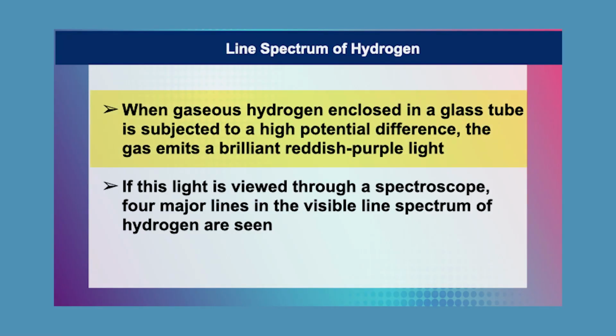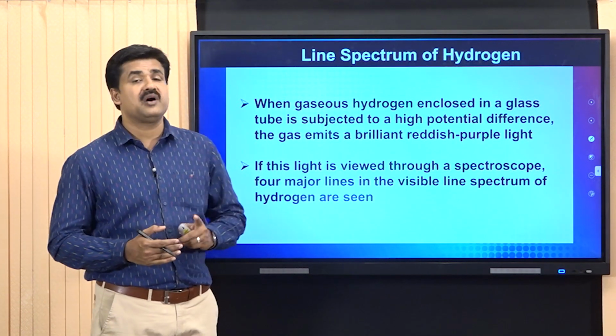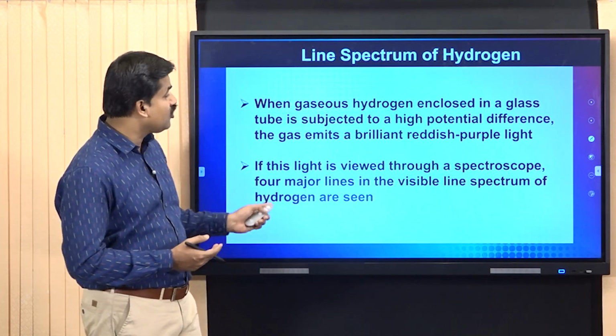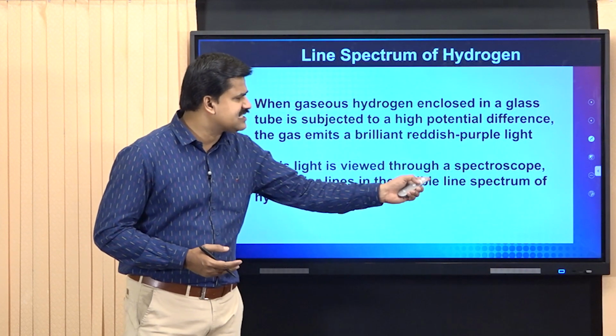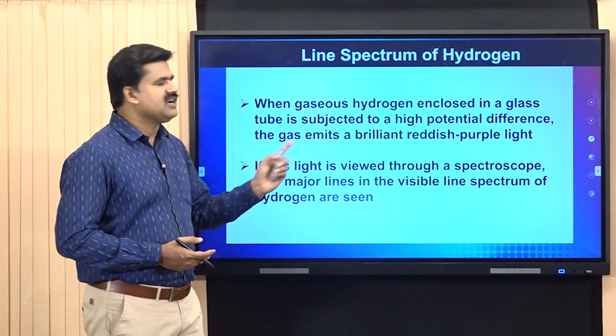When gaseous hydrogen enclosed in a glass tube is subjected to a high potential difference, the gas emits a brilliant reddish purple light. If this light is viewed through an instrument called a spectroscope, we can see the presence of 4 major lines in the visible region of the hydrogen.